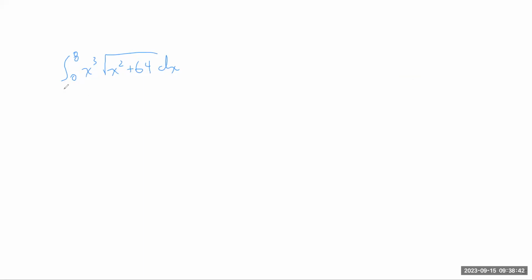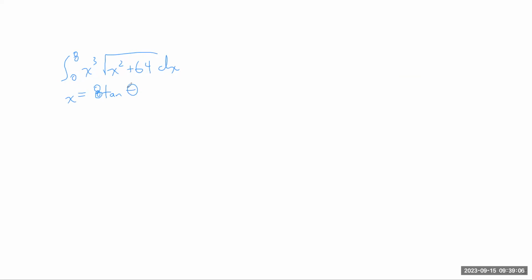But which one? 8 tangent theta. Why'd you choose tangent? Tangent squared plus 1, but yes. And where'd the 8 come from? It's a factor, like it's square root of x squared plus 8 squared.